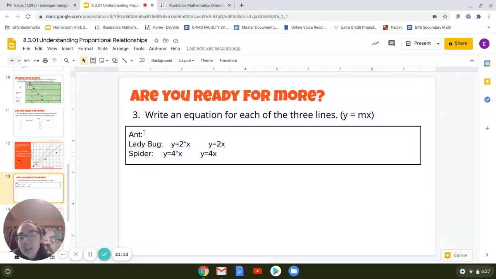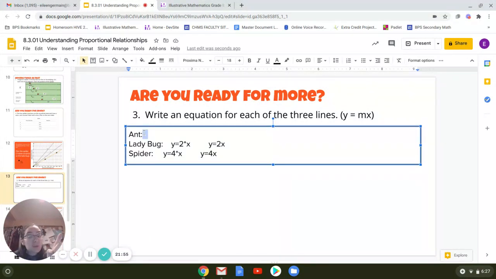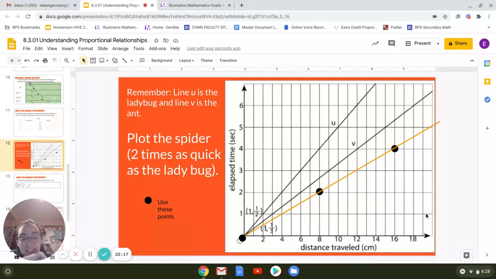So the ant's equation is going to be written as, what's it going to be? Tell me. Yes, it's going to be y is equal to, and let me just do some spaces here so that we can see this a little bit better. Y is equal to his constant rate of change, which is 3 times x. X being the distance that they traveled, and y being the elapsed time.